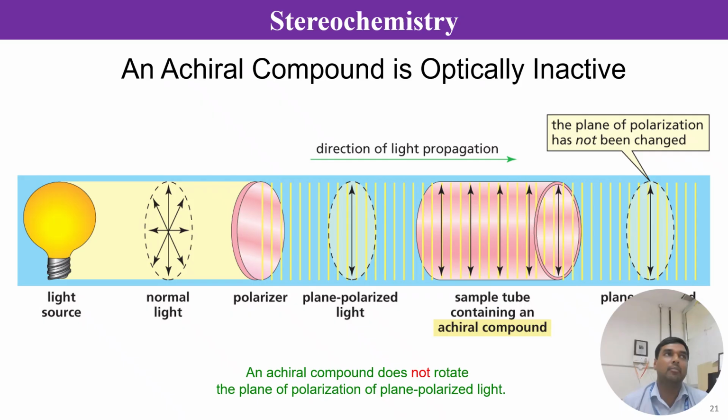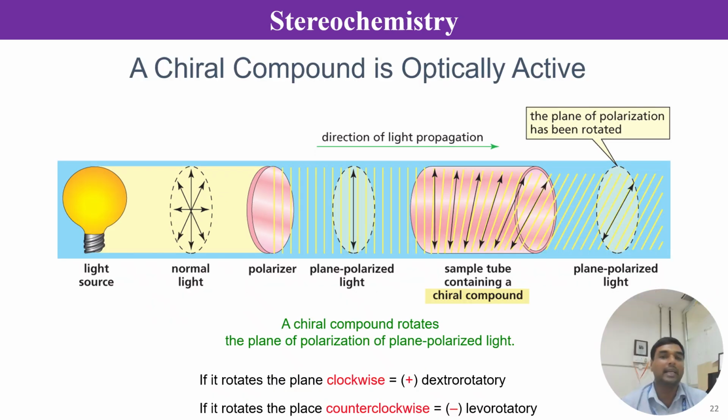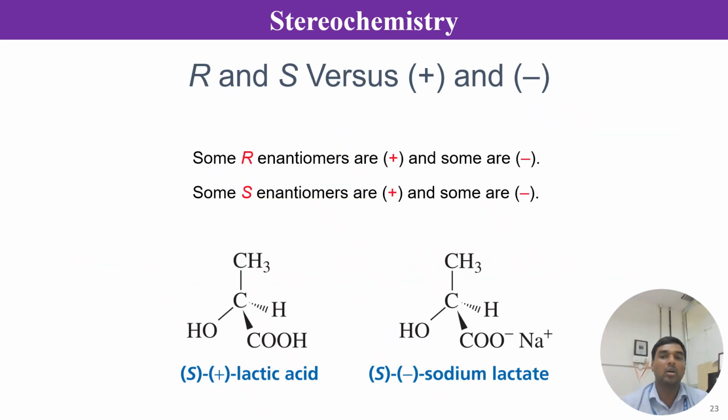Now when this plane polarized light passes through a sample, the sample has the ability to rotate the plane polarized light either clockwise or anti-clockwise. Based on that we can say the molecules are dextrorotatory if clockwise, and levorotatory if anti-clockwise, meaning plus D or minus L, D for dextrorotatory, L for levorotatory.